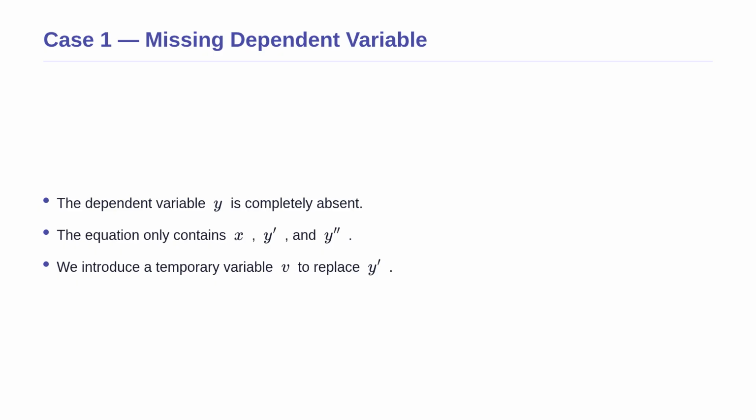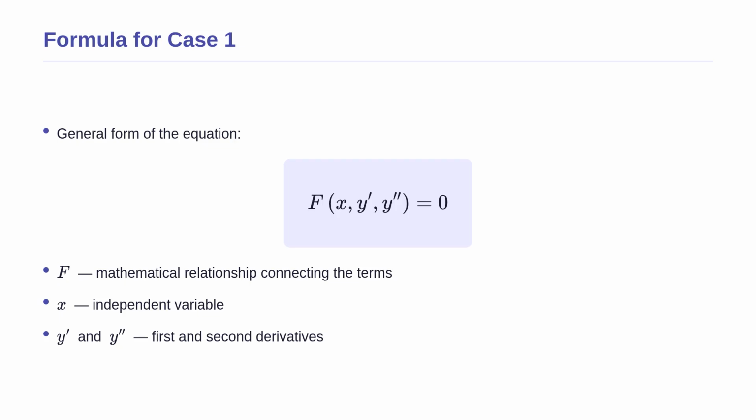The equation will only contain the independent variable x, the first derivative, and the second derivative. To solve this type of equation, we introduce a substitution by defining a new variable v. This is a strategic move designed to lower the overall order of the differential equation, making it look and behave like a simpler problem. Let us formalize this concept mathematically.